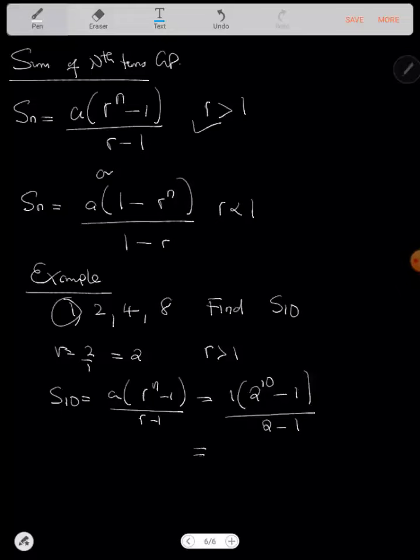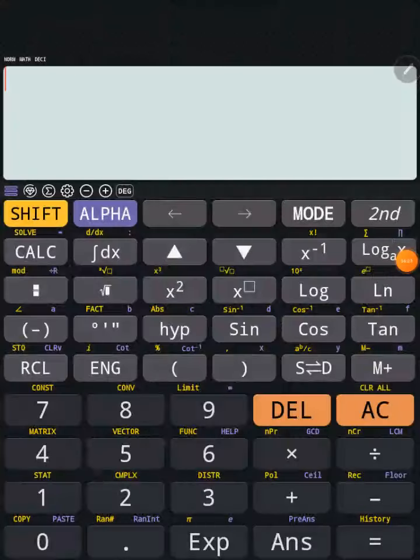First, I know that 2 minus 1 is just 1. Let me just evaluate on top. Now remember we have 2 to the power 10. 2 to the power 10 is 1024.